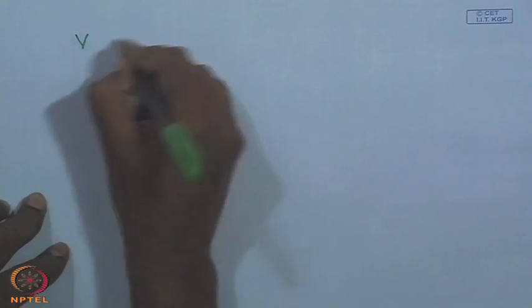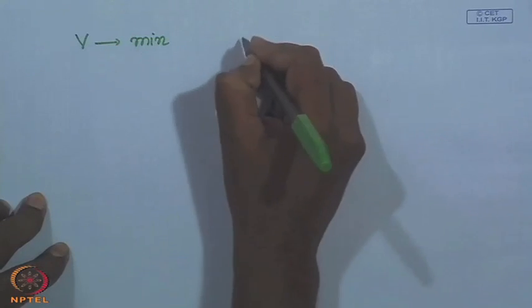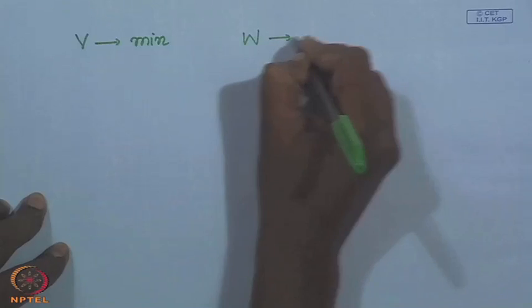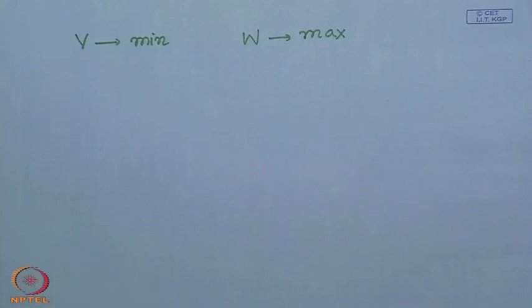So, given this, now I can write the conditions. Say V is the mean point, and let us say W represents the max point of a volume element, whether this volume element is in 1 dimension or 2 dimension or 3 dimension, 4 dimension, 1000 dimension, 10,000 dimension, does not matter.